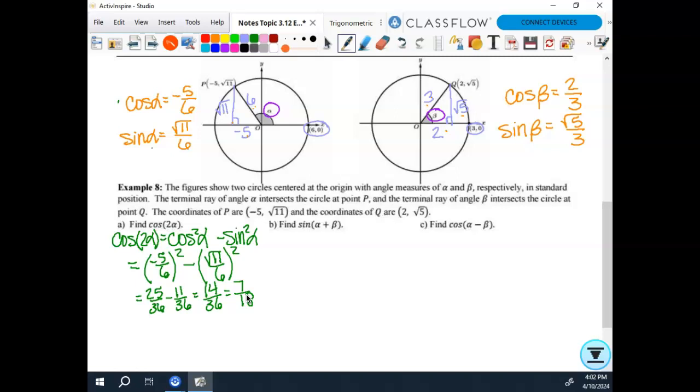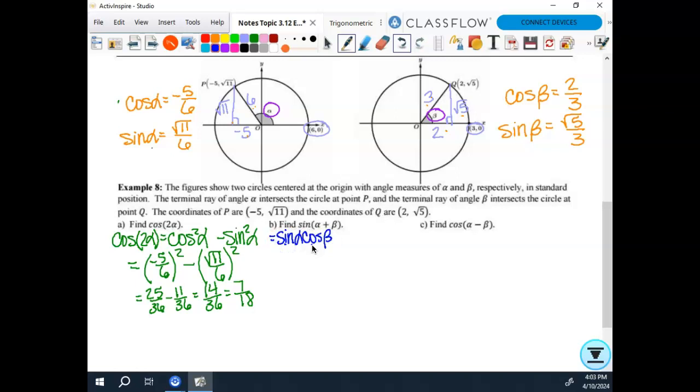Okay. Then I need to do sine of alpha plus beta. When I do the sine, I start with sine of alpha, and it changes to cosine of beta.